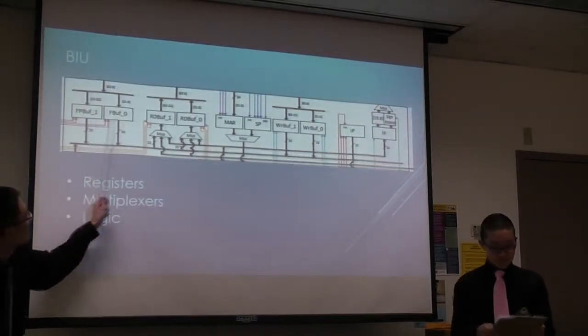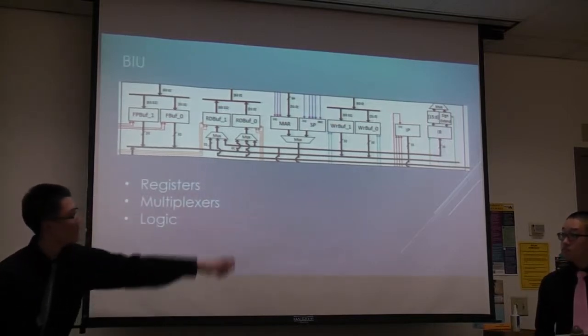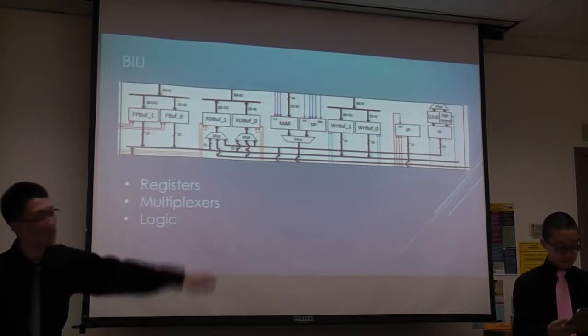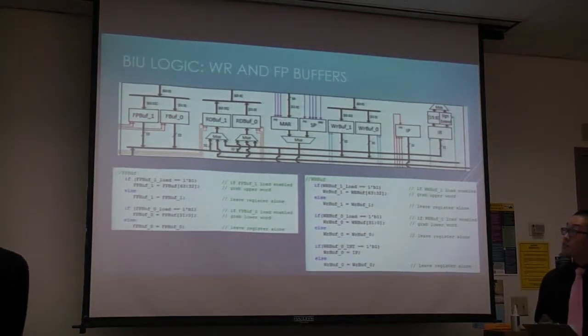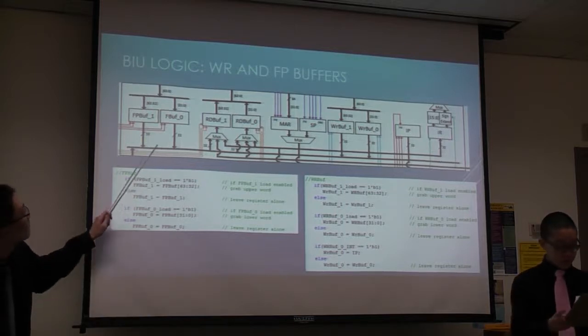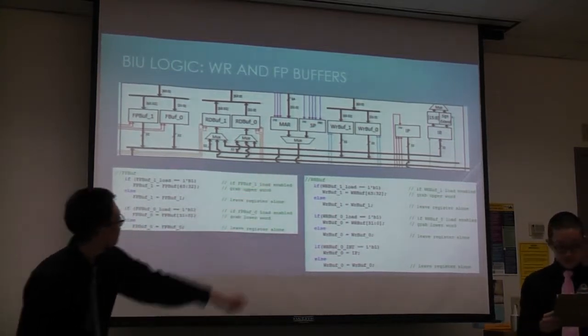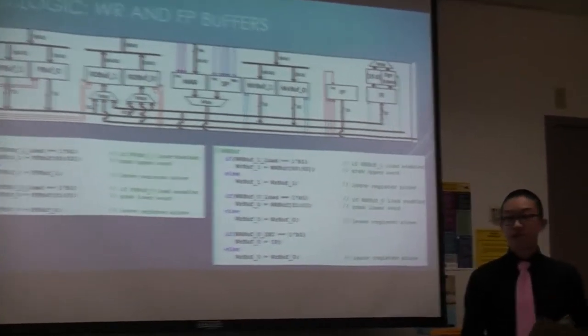Inside the BIU are various registers, multiplexers to switch between data lines, and certain logic to control it. This is the write and the floating point buffers, which have similar functions. These registers contain the data that is to be written to data memory.